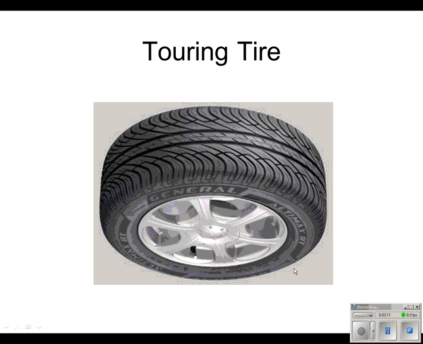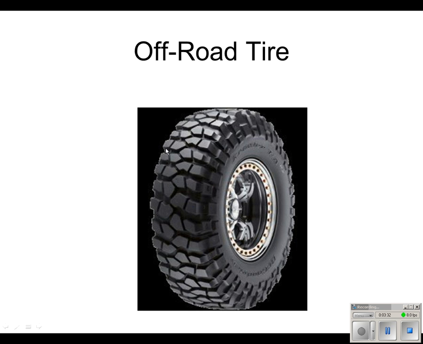The first one is a touring tire, and this is really what you'll find on your everyday car. There's smaller grooves, okay, and you see this tread pattern. There's lots of different patterns that you'll see, but the purpose is really to channel air and water at high speeds so that you have connection with the road. And then if we looked at something like an off-road tire, you can see that there aren't really clear channels.